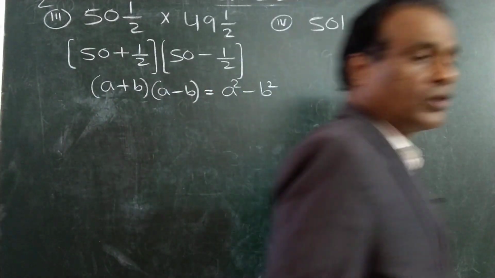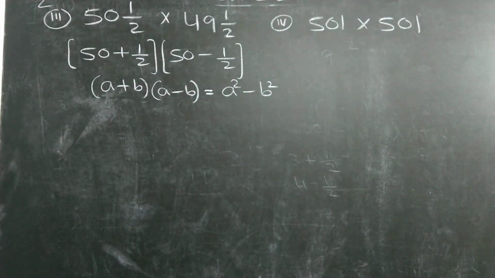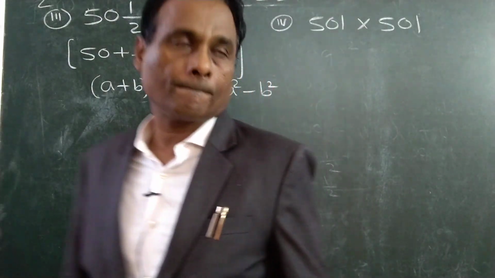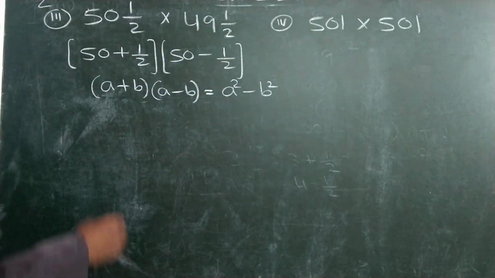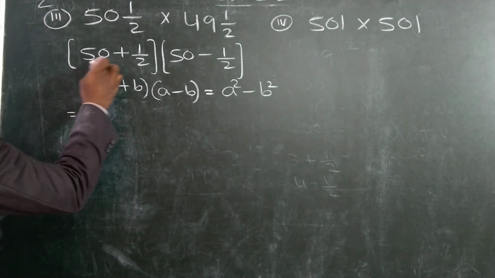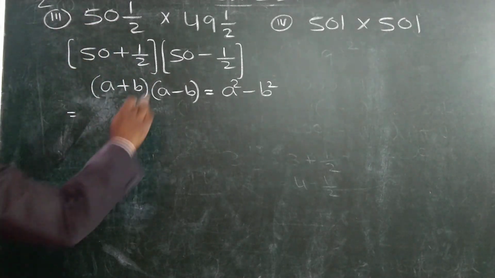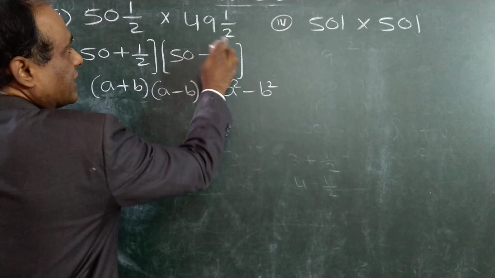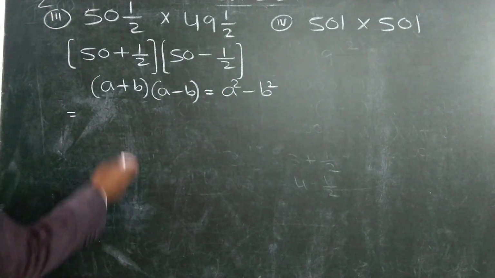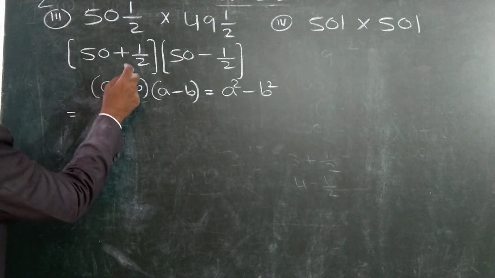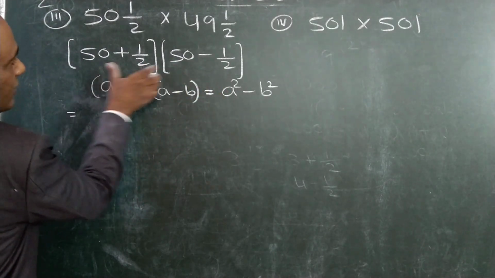Direct formula, substitute that formula and get it. Fifty plus half is 50 and half. 50 minus half is 49 and half. Same numbers are repeated. This is plus, this is minus.